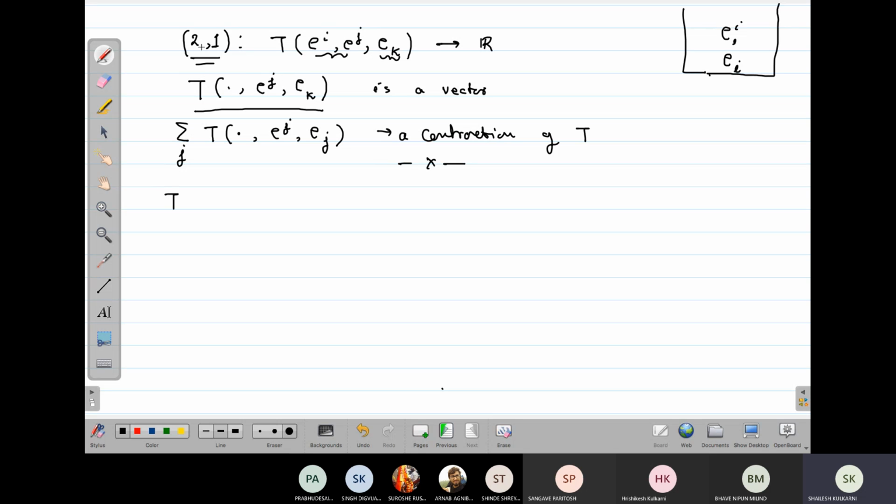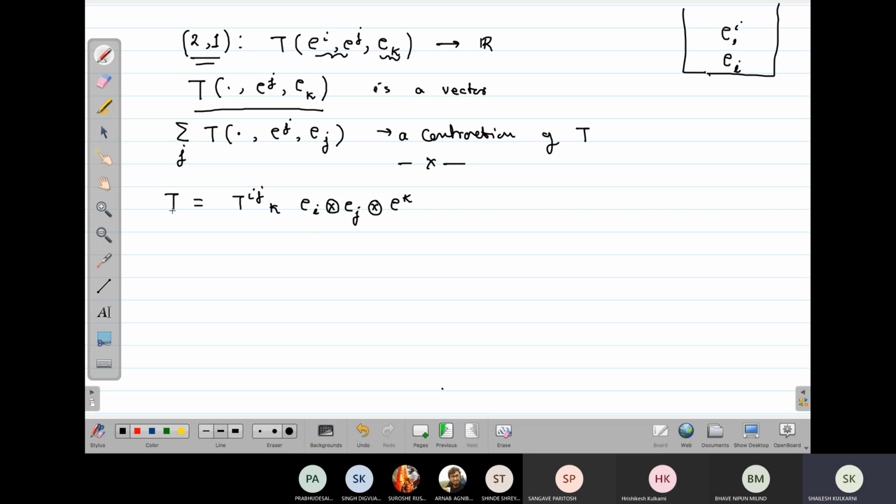A tensor of rank (2, 1) can be written as T^{ij}_k. If I express this in terms of basis, then it will be e_i direct product with e_j direct product with e^k. These are the bases.